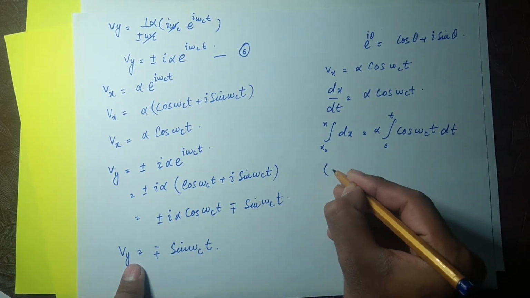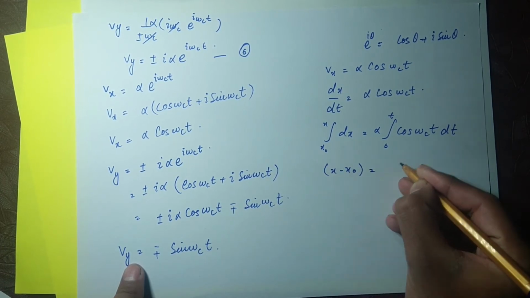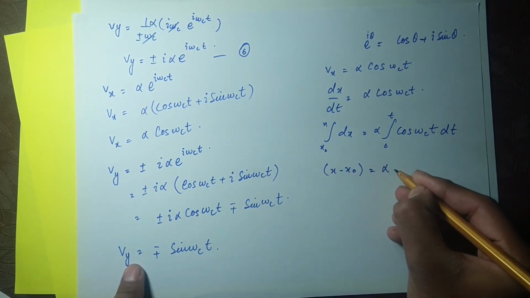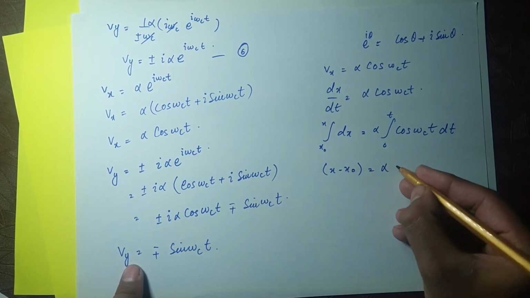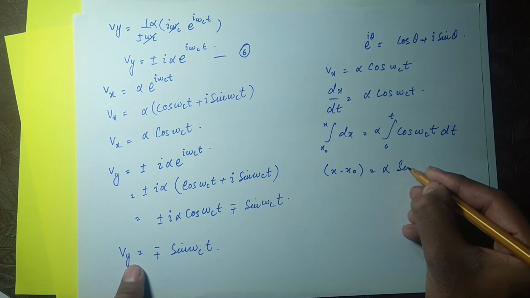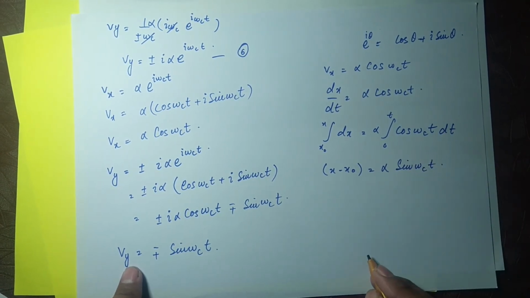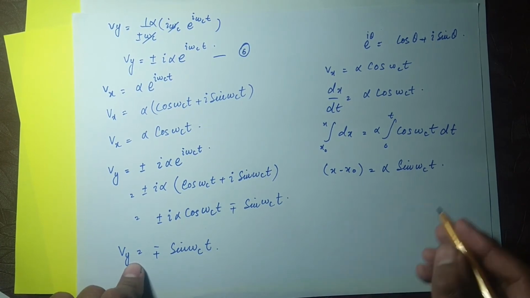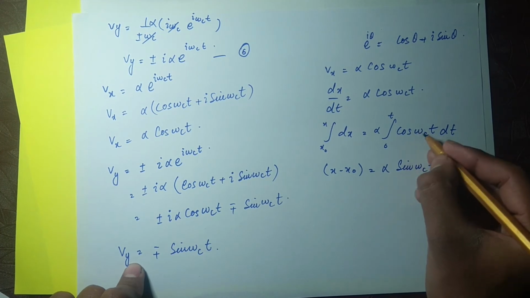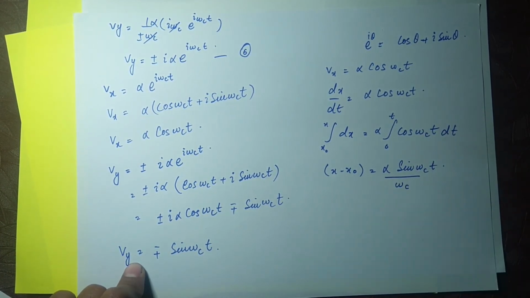If you integrate this, it will be x minus x naught equals alpha sine omega c t, divided by omega c, since omega c t is an angle.